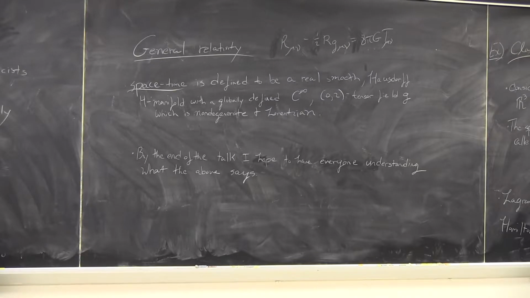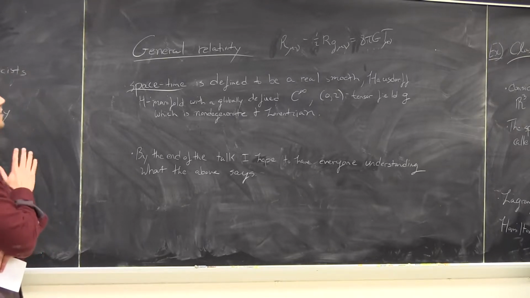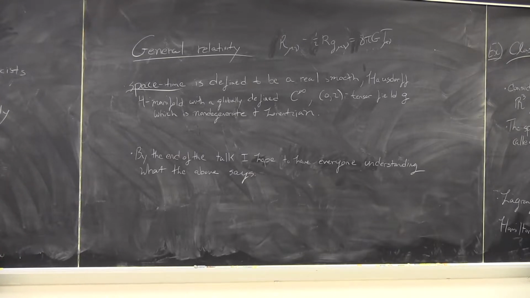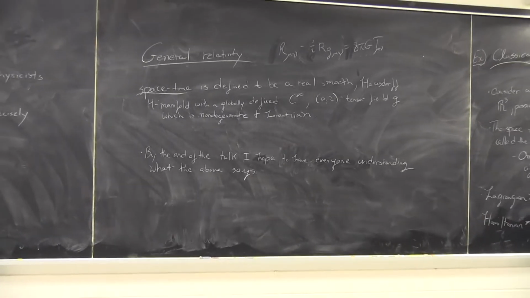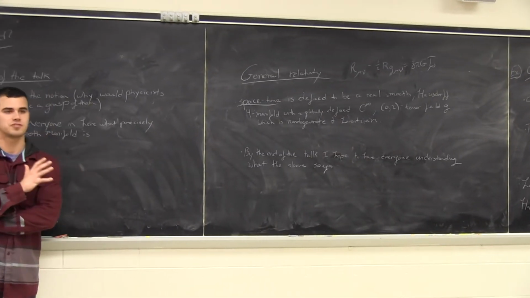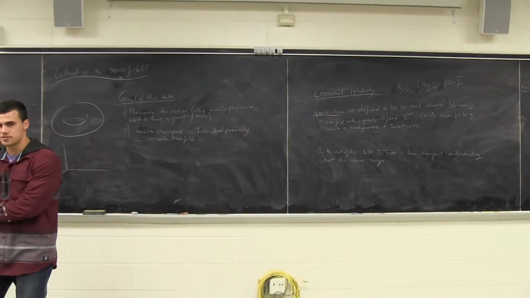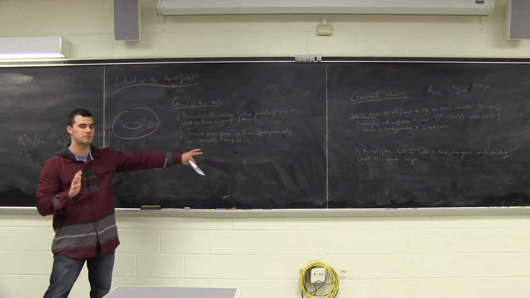If you don't know what this means, it's fine. Hopefully by the end of the talk you'll have a better understanding. But the point I would like to illustrate here is that for a theoretical physicist, if they want to progress general relativity into new directions, new branches, you have to understand the basics. And the basic definition, the first thing you open up any mathematical physics book, advanced book on GR, is the definition of the space-time.